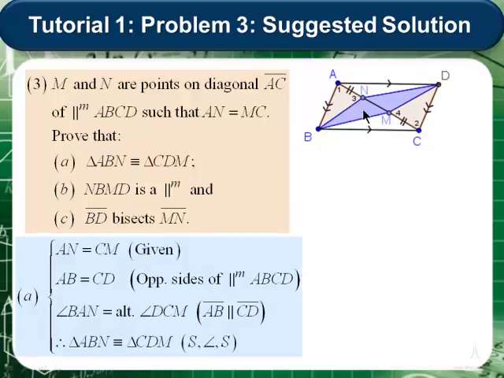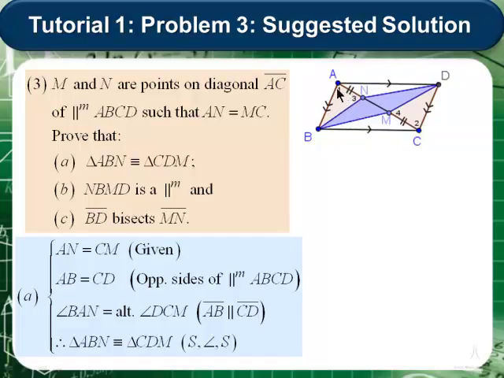Now, what do we know? We know that AN is given equal to CM. Furthermore, we know that AB is equal to CD, being the opposite sides of parallelogram ABCD, and it's given that ABCD is a parallelogram.